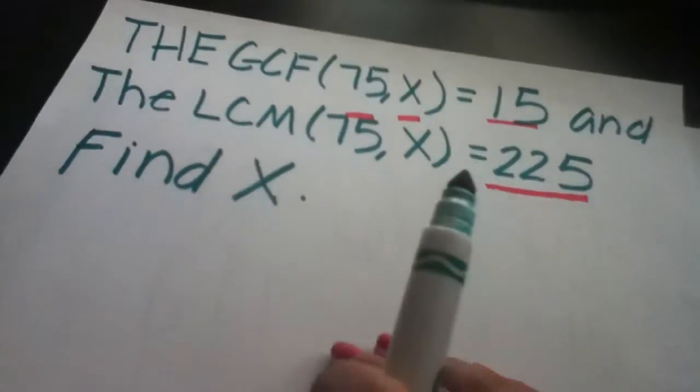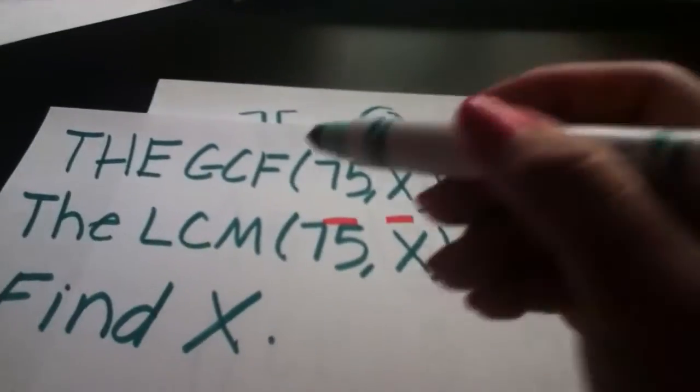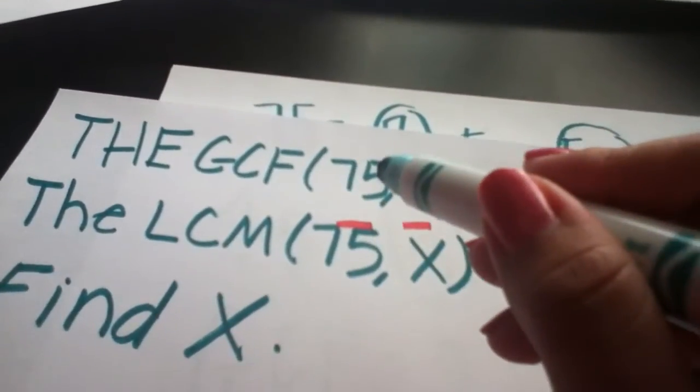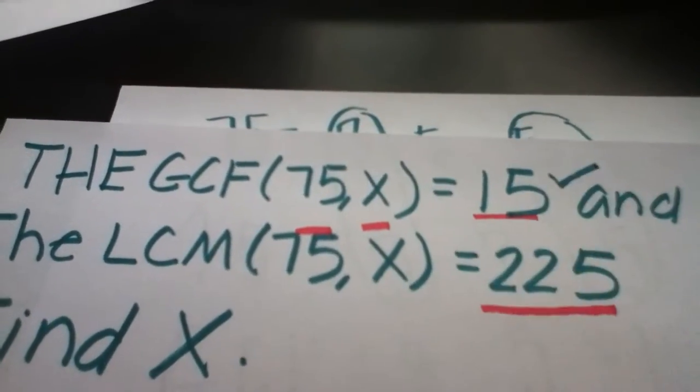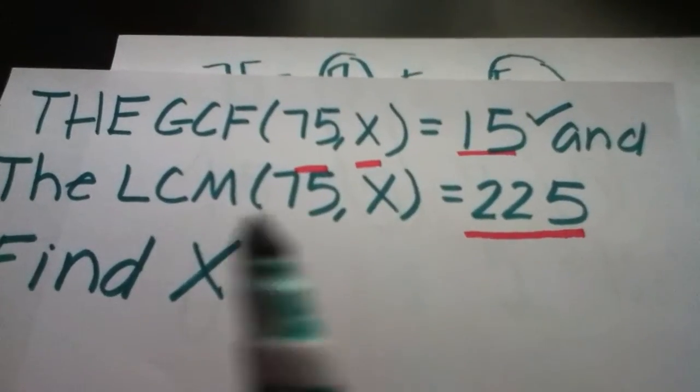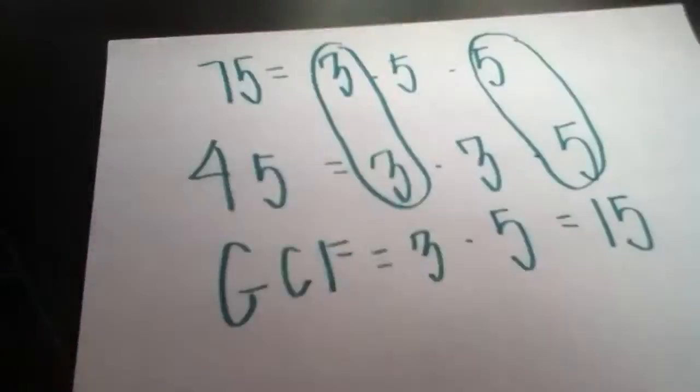So going back to our problem, we know that the 15 is correct in the GCF because it told us the GCF of 75 and x, which we know is 45, equals 15. So this is right. Now let's see if our LCM is correct of 75 and 45.